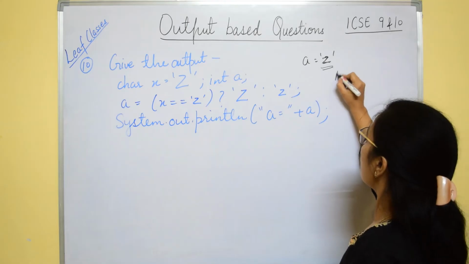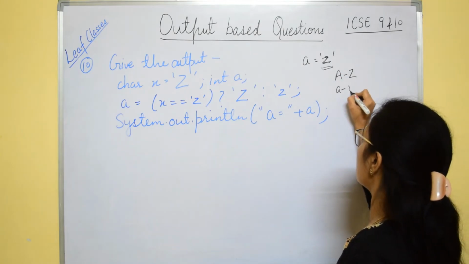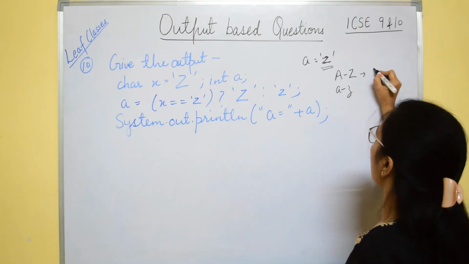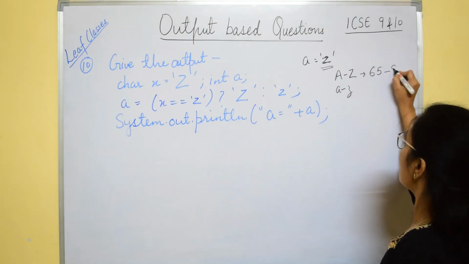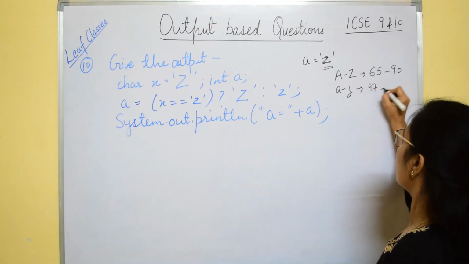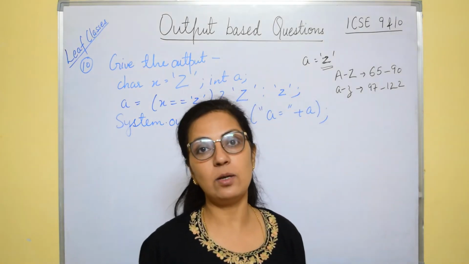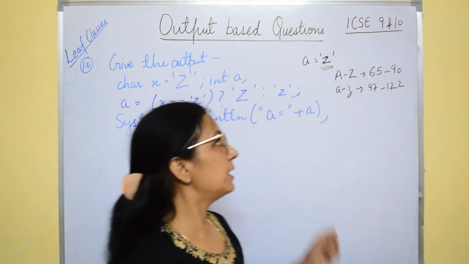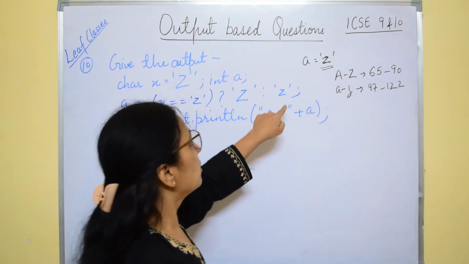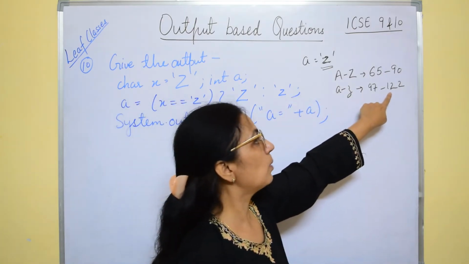For this we should know the ASCII values of capital A to Z and small a to z. Capital A to Z is 65 to 90 and small a to z is 97 to 122. Please learn these ASCII values. One question will be related to this only. So the ASCII value of lowercase z is 122.